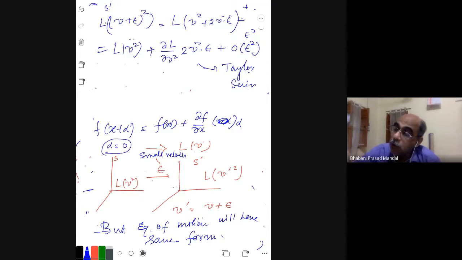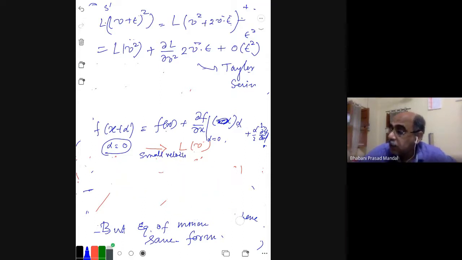So the first term will be f of x, then del f del x at alpha equal to 0 times alpha, then alpha square by 2 times del 2 f del x square at alpha equal to 0, and so on. I am neglecting higher order terms, so this is the Taylor series expansion and you are familiar with this.